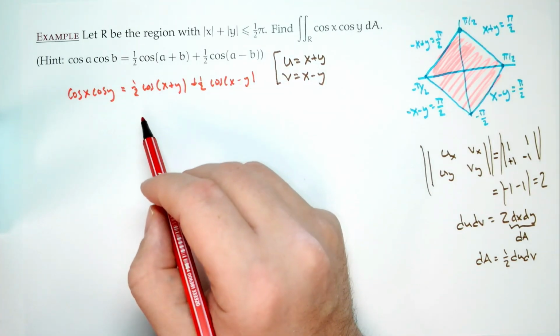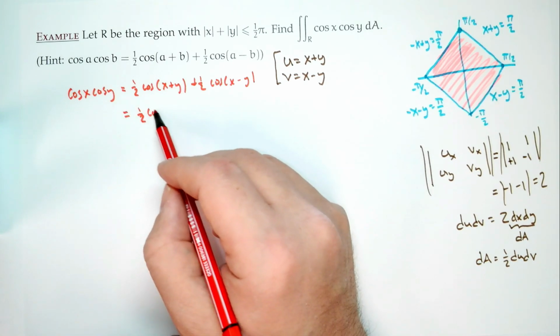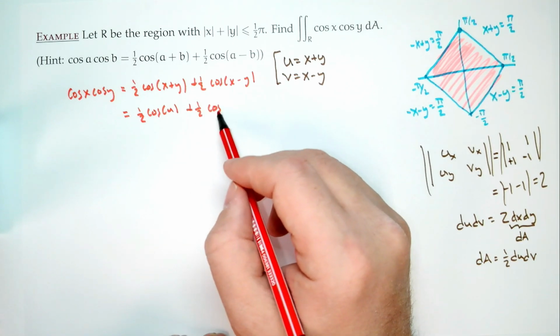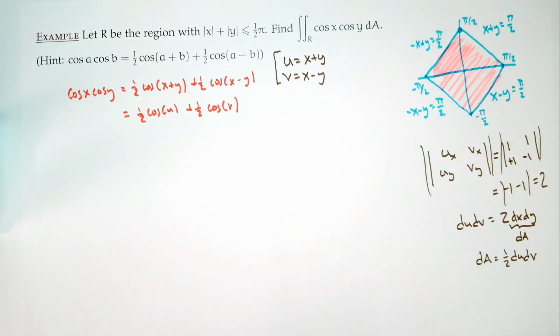Oh, that's very convenient, because this becomes 1/2 cosine of u plus 1/2 cosine of v. So that's our function. Woohoo! Nice. We're making great progress.